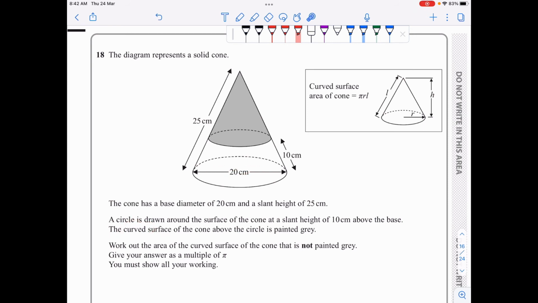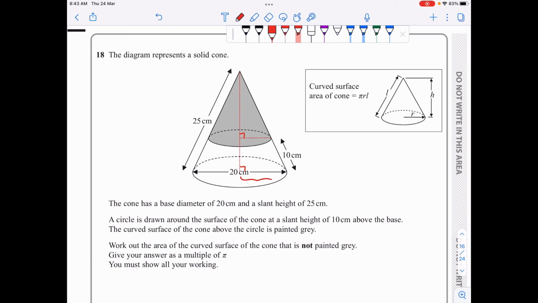So we need to start off by visualizing this as one big cone and then another smaller cone. If I drop the perpendicular here, what I will observe is that we are looking at similar triangles.